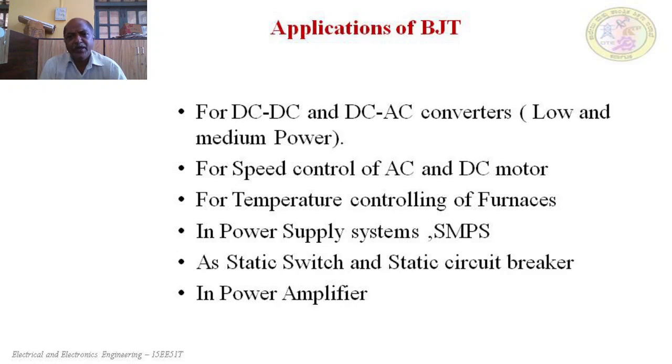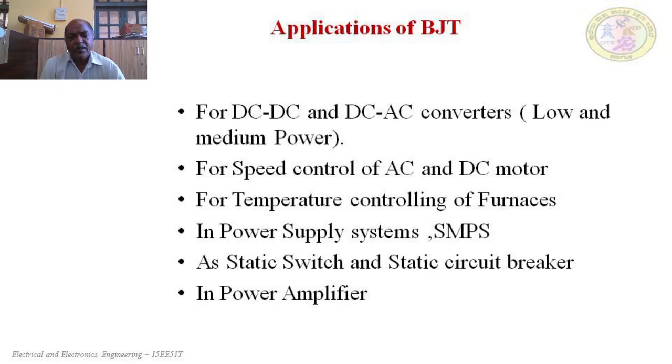This variable AC may be required, for example, in industrial applications to control the speed of an induction motor, synchronous motor or any AC motor, because as you know, the speed of an AC motor like an induction motor can be controlled very easily by varying the frequency. The frequency can be easily varied by converting DC to AC with a desirable frequency.